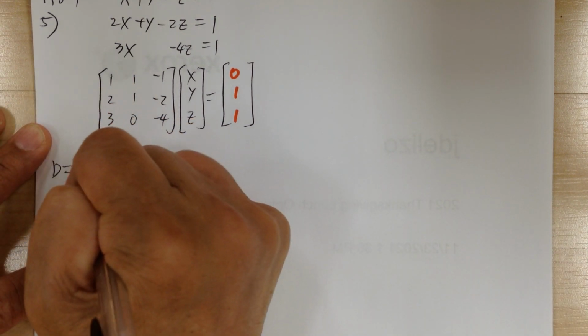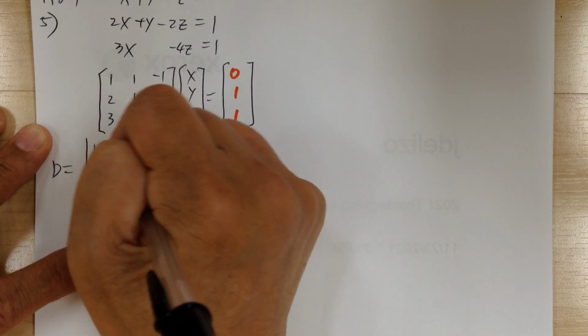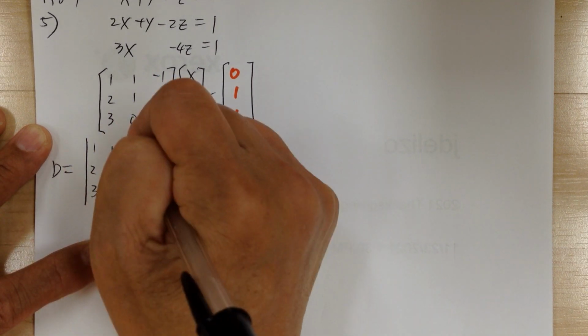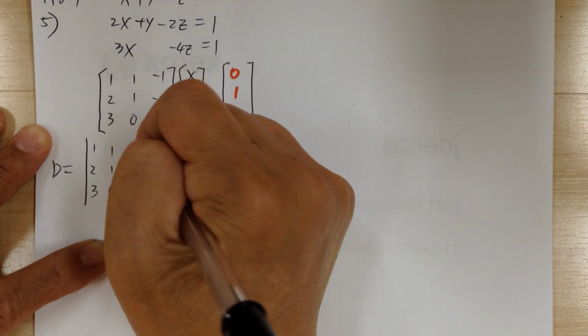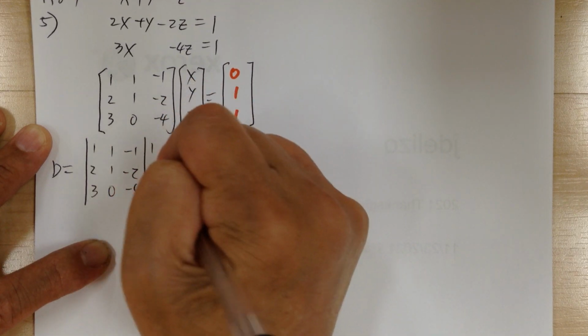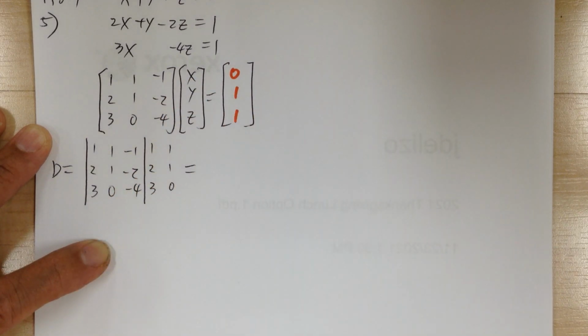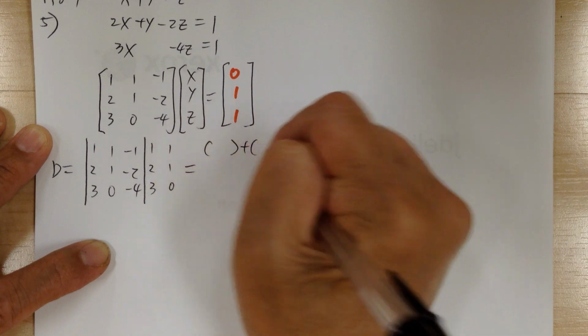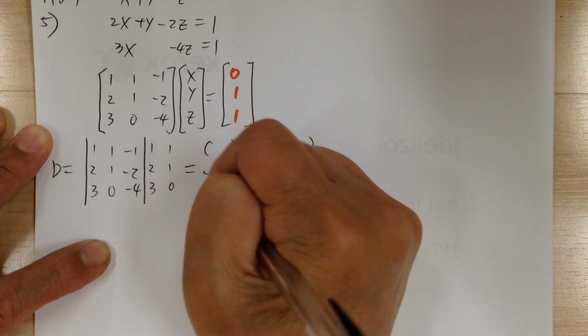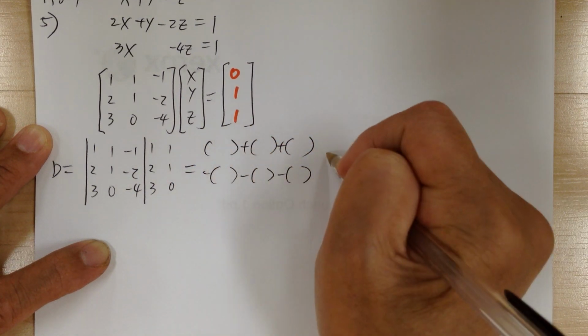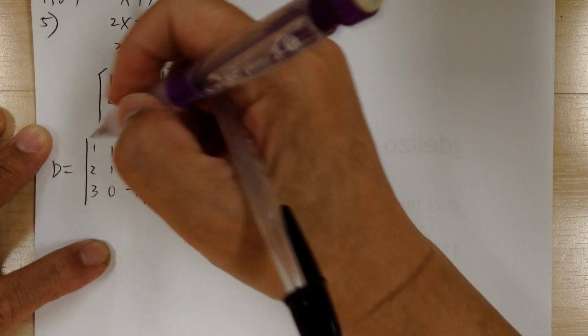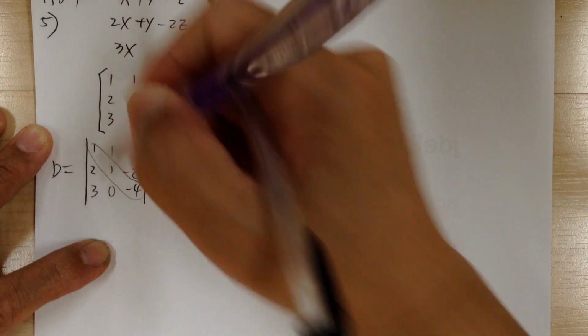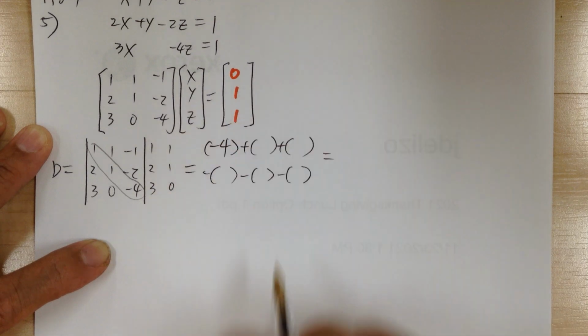Okay, so again, let's go and find D. 1, 2, 3, 1, 1, 0, negative 1, negative 2, negative 4. So copy the first two columns, so 1, 2, 3, 1, 1, 0. Okay, so let's do the diagonals. So again, I'm going to get my numbers ready. Okay, so the first diagonal would be negative 4.